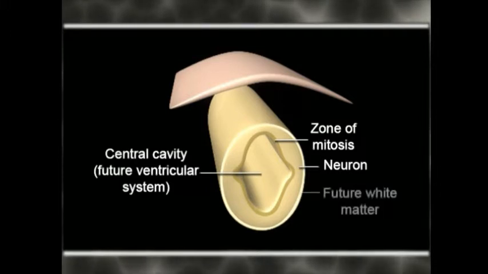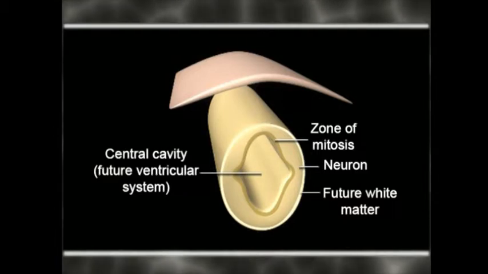And on the very outside of this, you see it says the future white matter. So first cells are born, and the white matter won't develop until later.